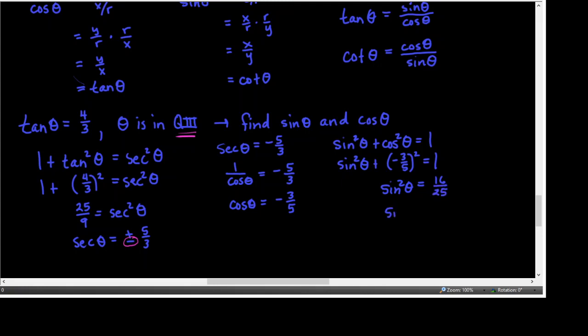And so sine of theta is plus or minus the square root of 16/25, which is 4/5. And then in quadrant 3, tangent and cotangent are the only positive things there, so sine of theta will have a negative answer. And so our conclusion would be that sine of theta is negative 4/5. And so we have our two answers. Here's the cosine of theta answer. Here's the sine of theta answer.